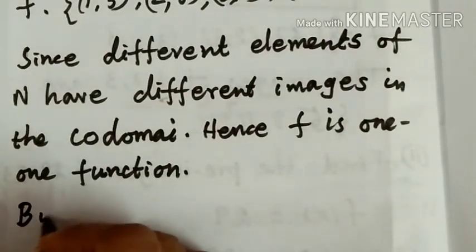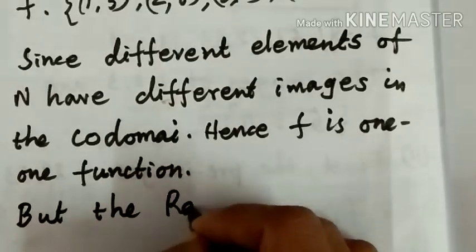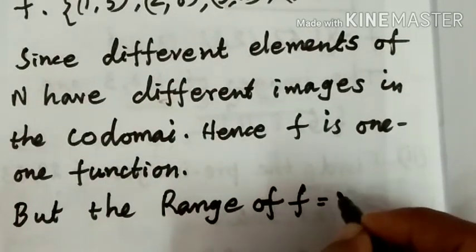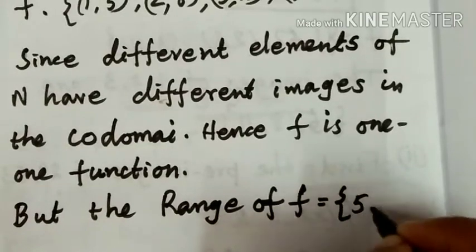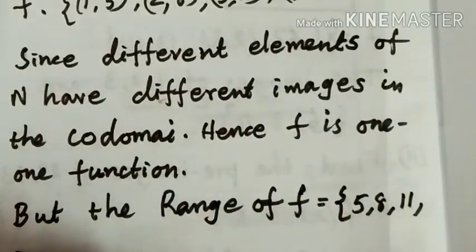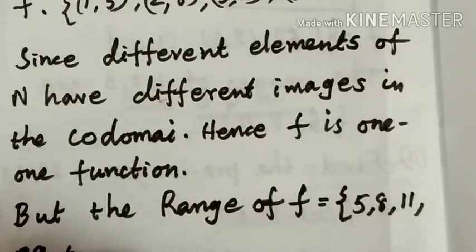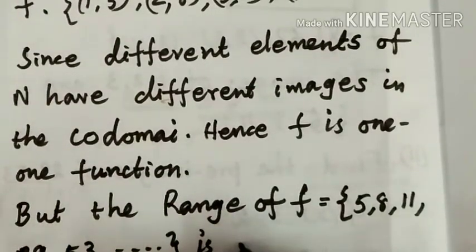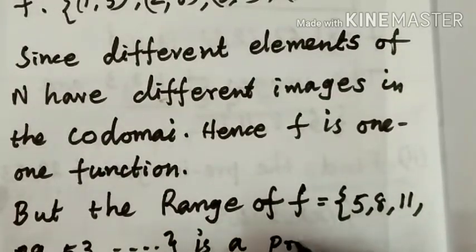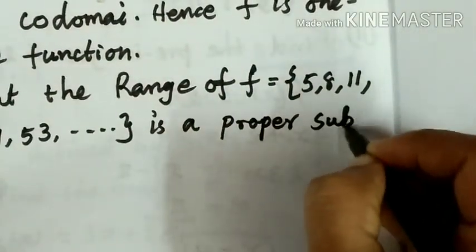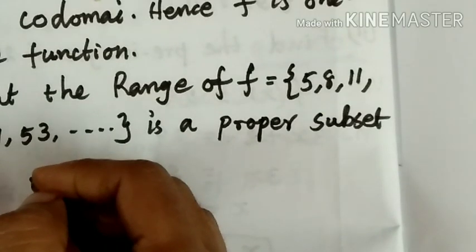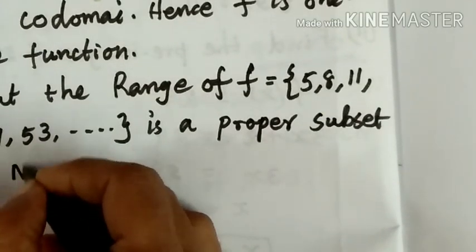Reason: the range of f equal to 5, 8, 11, 29, 53 going on, is a proper subset of natural number.